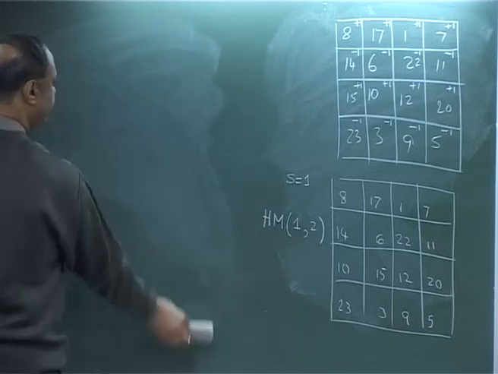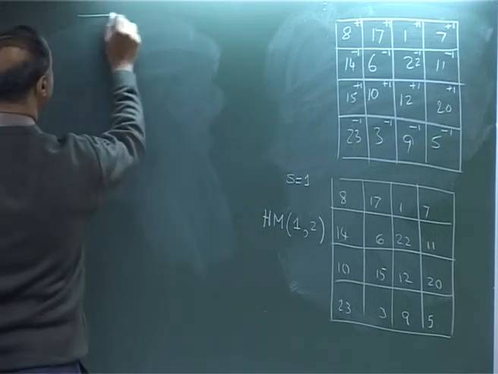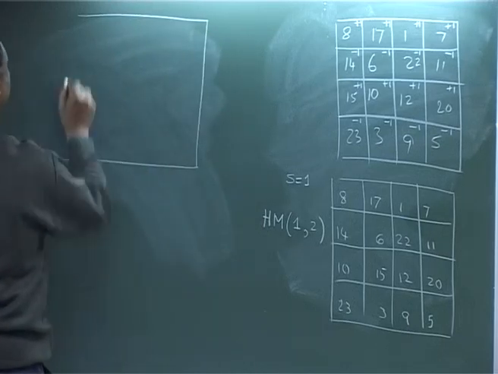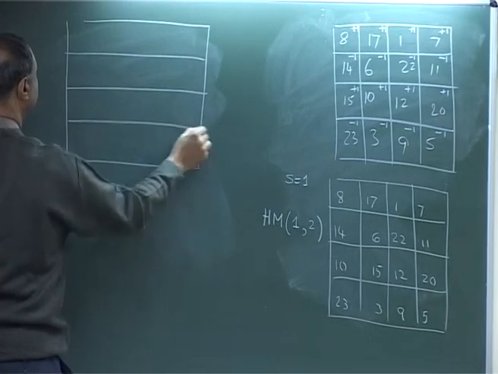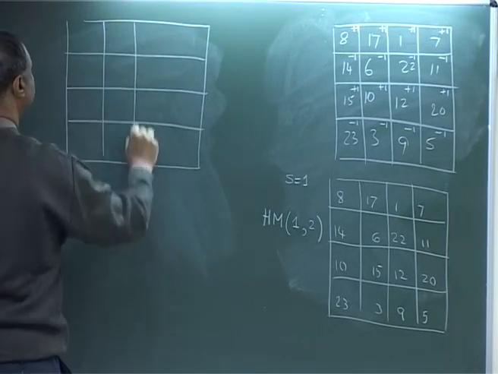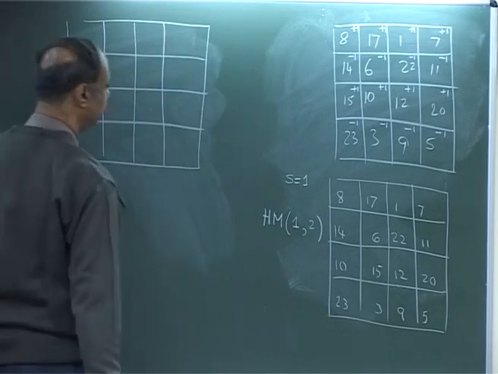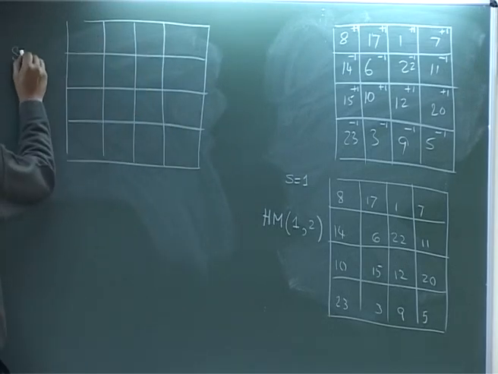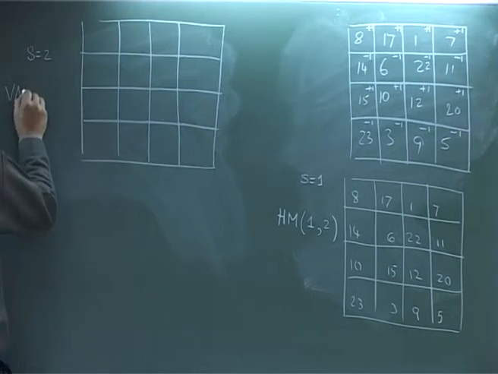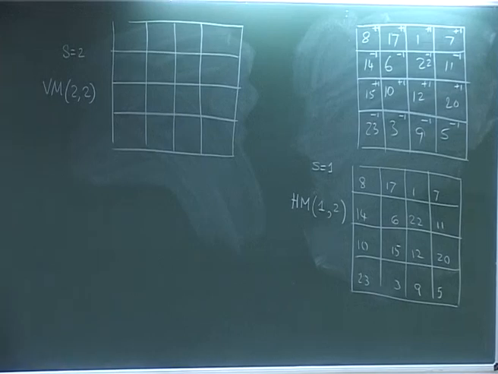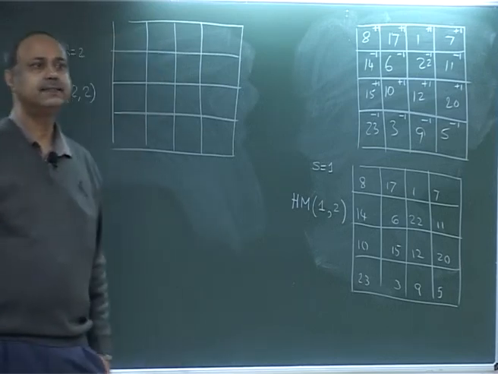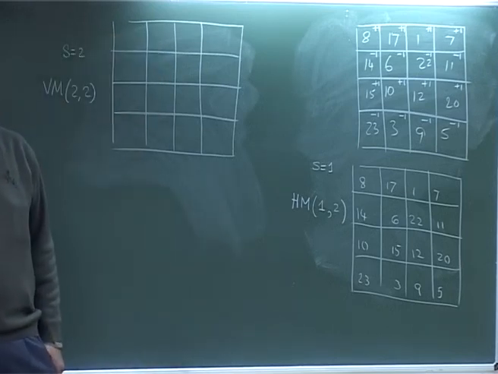Before that, you have to fix your S equals 2, vertical merge 2, 2. Now, once S equals 2, 2 to the power S is 4, right.